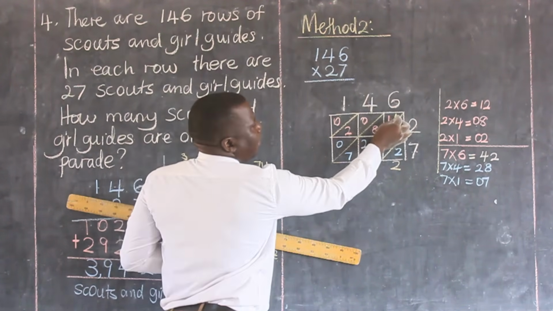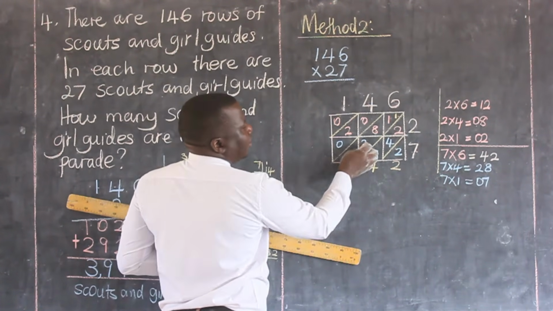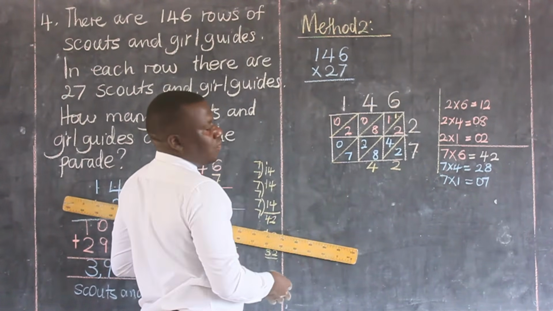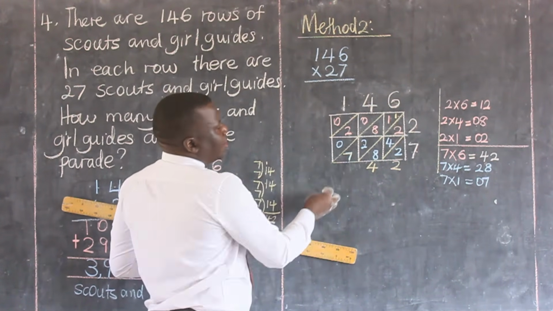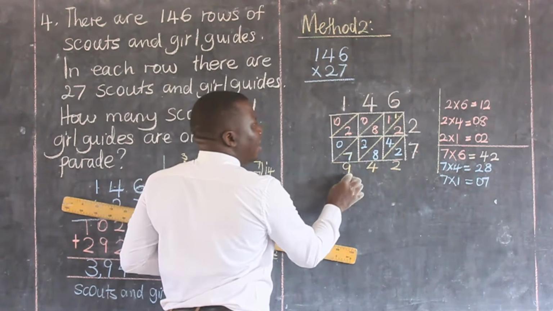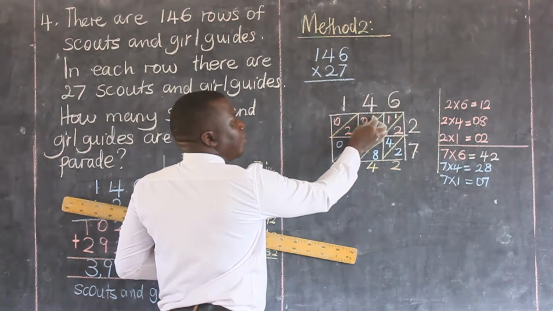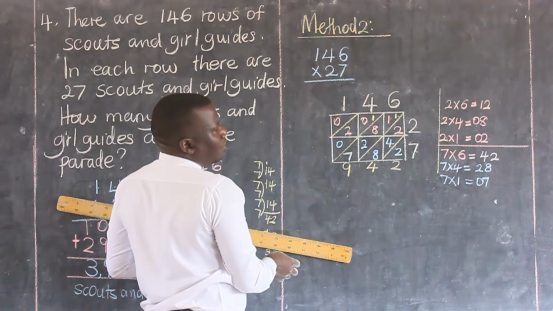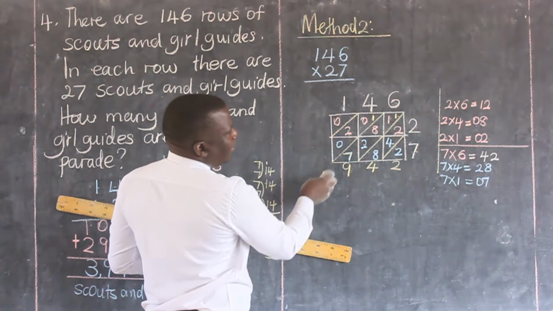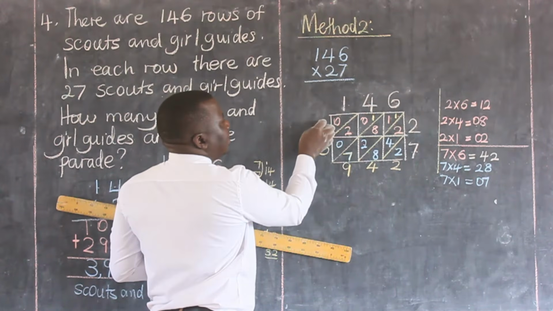So what is 1 plus 1? 2 plus 8, 10 plus 2, that is 12. 12 plus 7, get 19. So we're going to write 9, carry the 1 here. So what is 1 plus 0? 1 plus 2, 3. Plus this is 0, 3. And here is just 0.